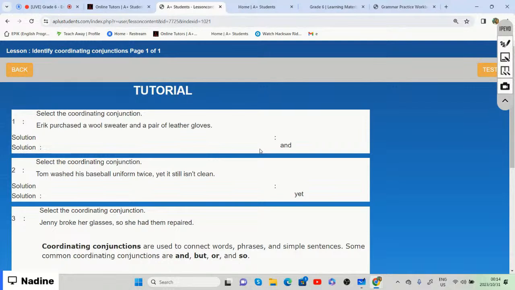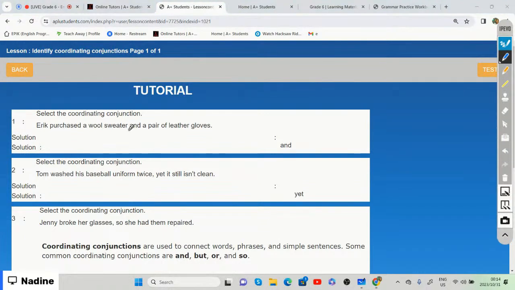We need to select the coordinating conjunction, and if we select it, we will say and. So and is our coordinating conjunction within that sentence.